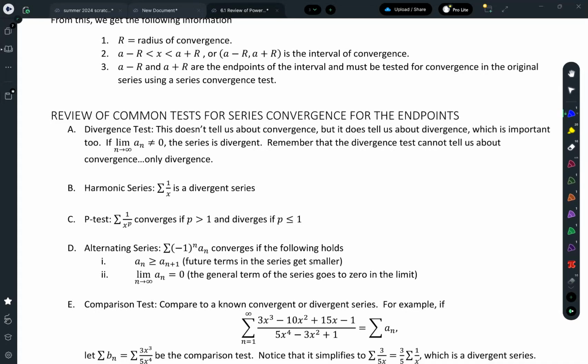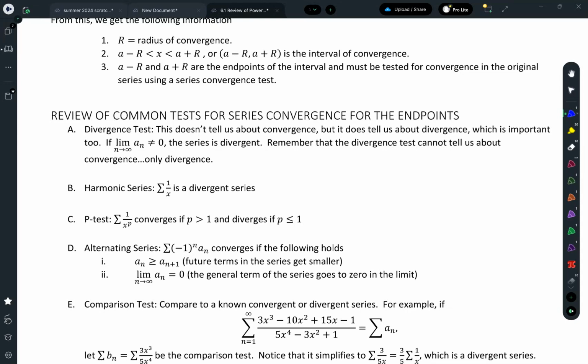But let's say that the divergence test is inconclusive. If the limit is equal to 0, that doesn't actually tell us anything. The series may or may not be convergent at that point. We need to check another test. The harmonic series is a common series that shows up. If we get the sum of 1 over x, we know that's a divergent series, and so we would not include the endpoint.